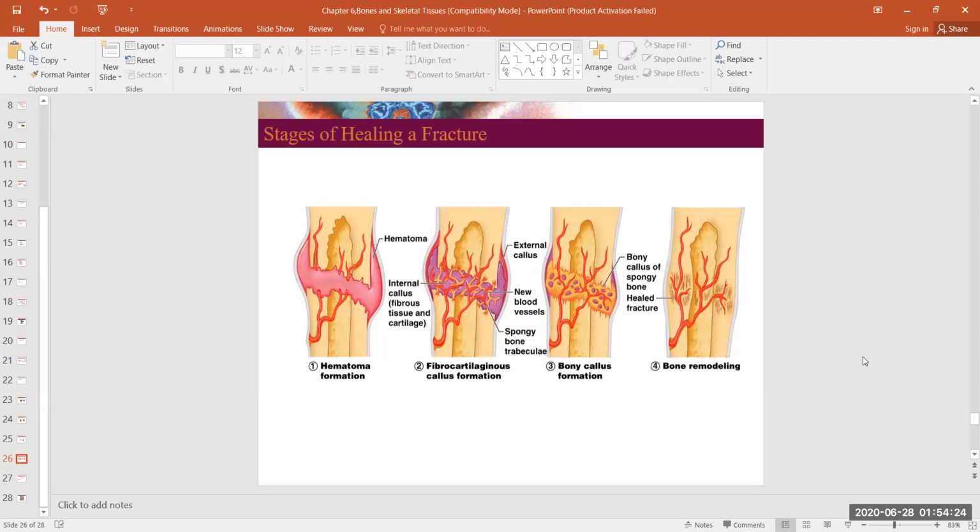So when you have a fracture and your bone naturally heals, how does it heal? There are several stages of healing: hematoma, fibrocartilage, bony callus, and bony remodeling. So you have bones here. Once you fracture, you have the periosteum, and then you have all the bleeding here. So you have all the arteries, the fat, everything.